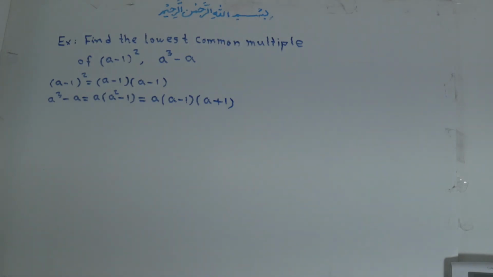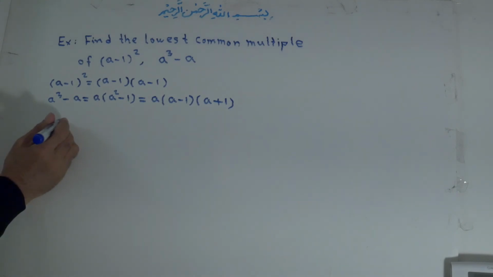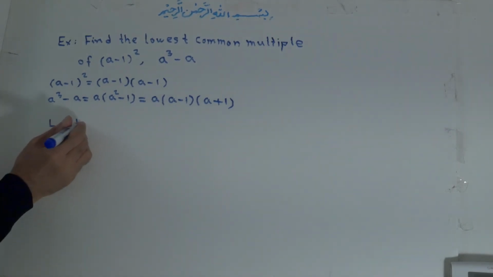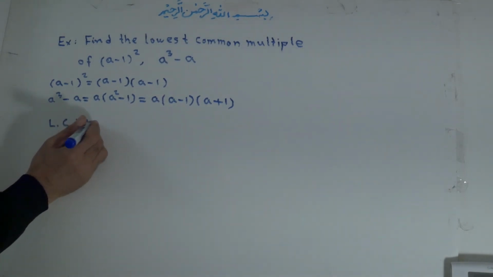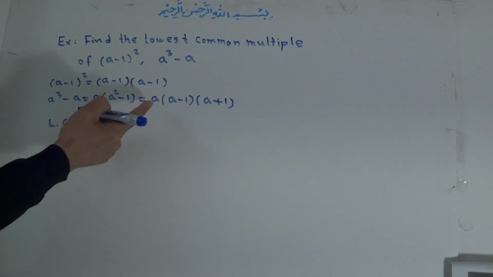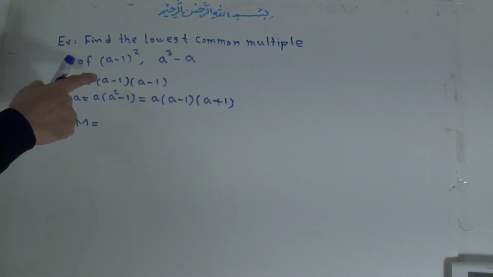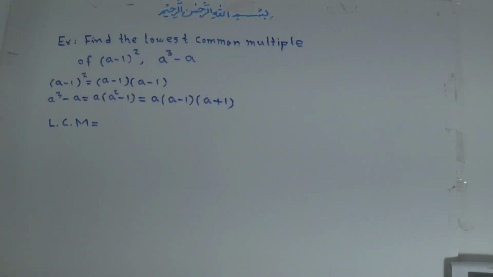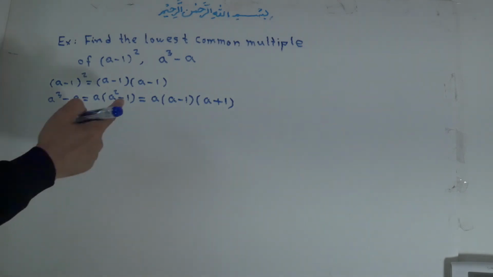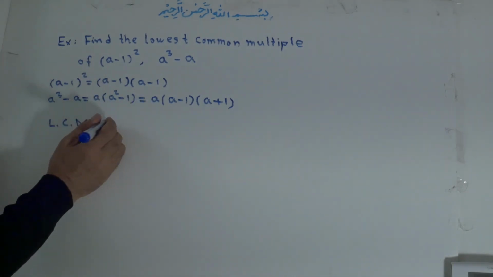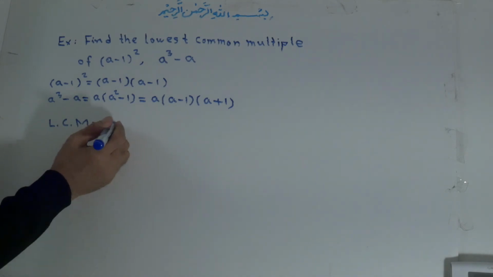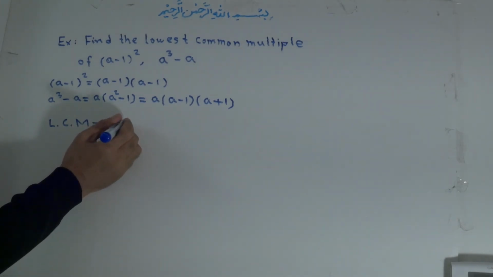Now what is the LCM or lowest common multiple or common denominator? The LCM, lowest common multiple, is equal to: there is a minus 1 to the power of 1, but there is a minus 1 times a minus 1, that becomes a minus 1 to the power of 2, and also there is only one a, and a plus 1.